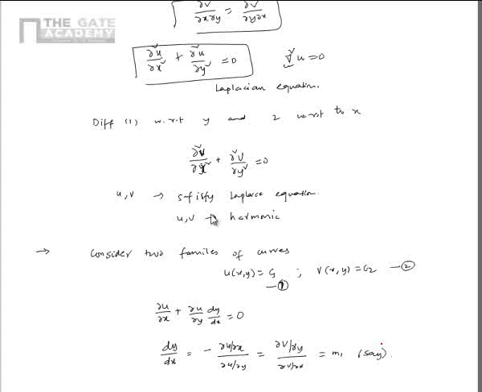So this we have done on equation 1. Similarly, if you do it on equation 2, I can say that dy/dx is equal to minus ∂v/∂x by ∂v/∂y.